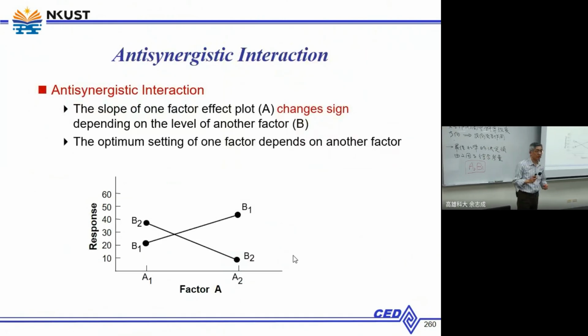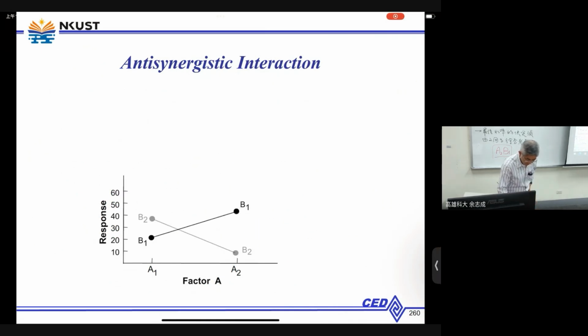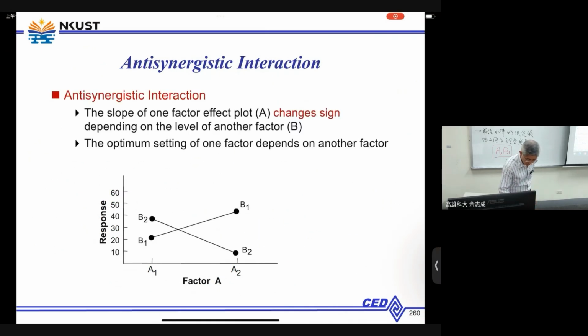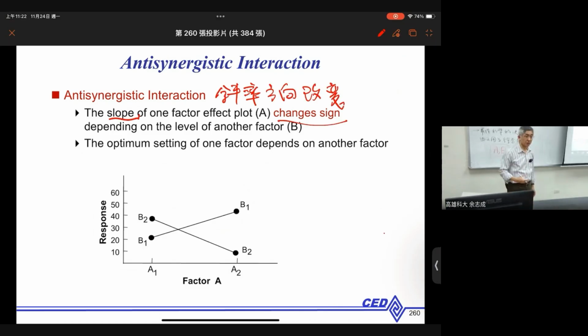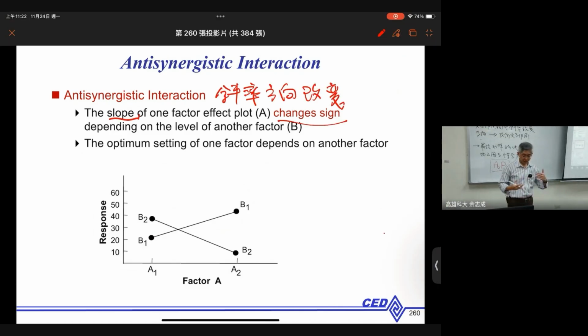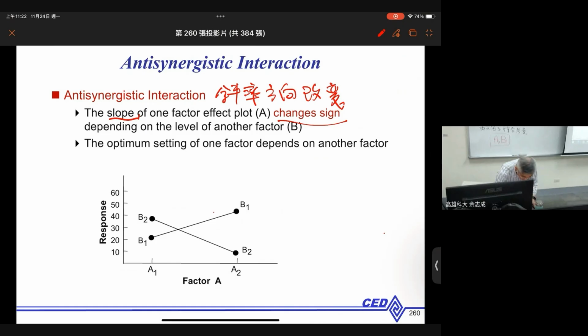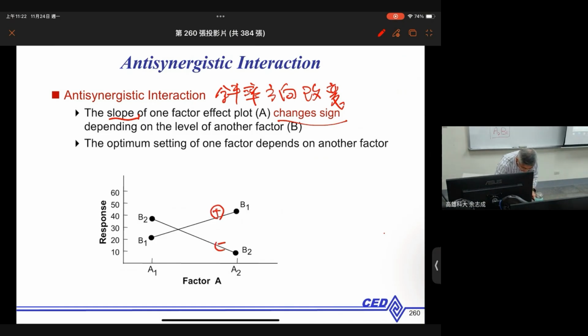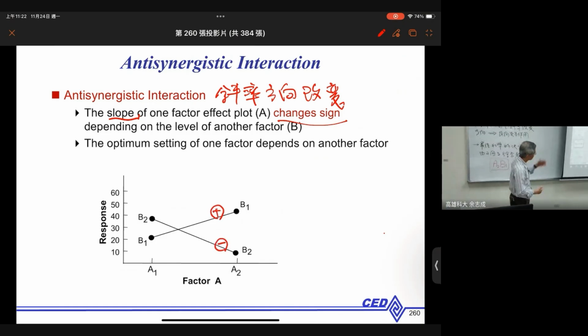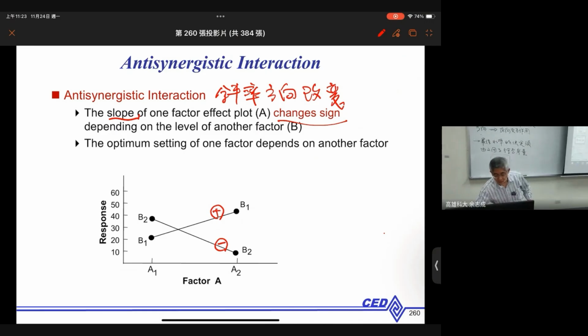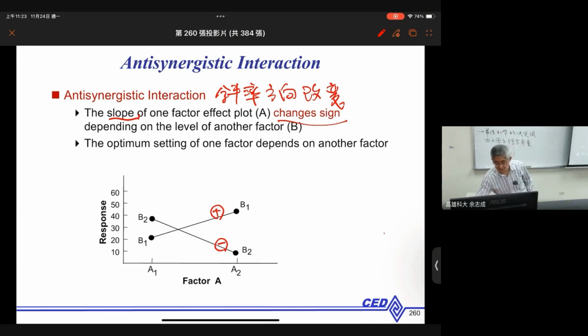Any questions? So if you have interaction like here, you can see there will be a change of slope sign. This is a positive slope, and this is a negative slope, okay? They change. Oh, sorry. I should switch to here.